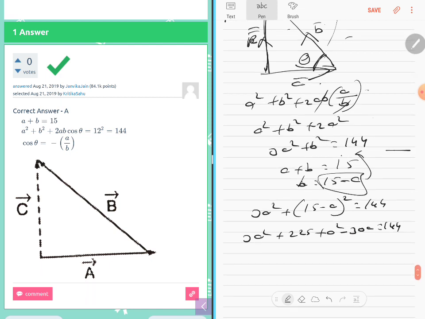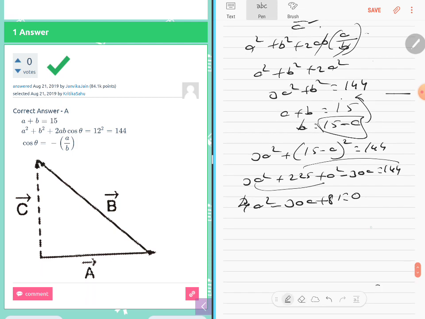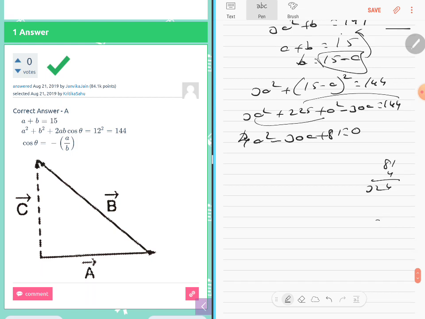Correct? So then 3a square plus a square is 4a square. 225 can go that side, so you already have minus 30a, and minus 225 plus 144 will be minus 81, so plus 81 is equal to 0. Correct? 81 into 4 is 324. Can I factorize it?